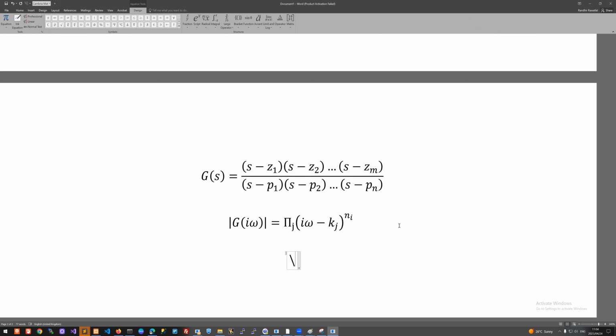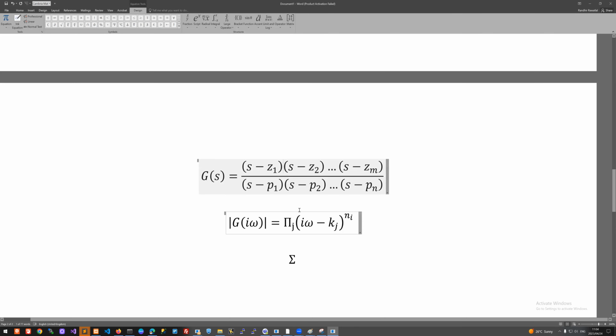So sigma, that's if you are adding things. In this case, we are multiplying things. So we've got this kind of form s minus something, and we are applying I omega, so I omega minus something, whether it's z or p. And then we are introducing this exponent here because all the zeros will have ones, and for down here, we'll need a minus one.